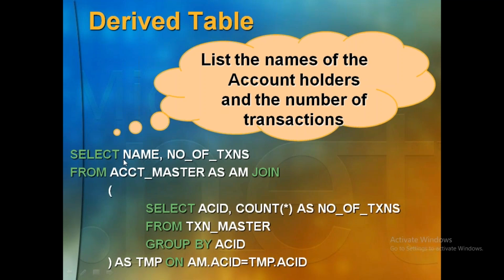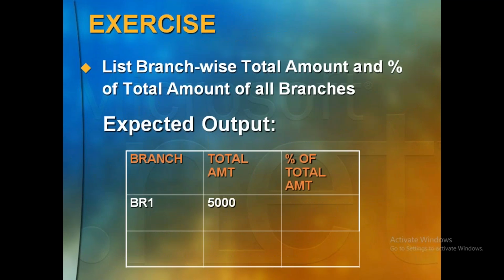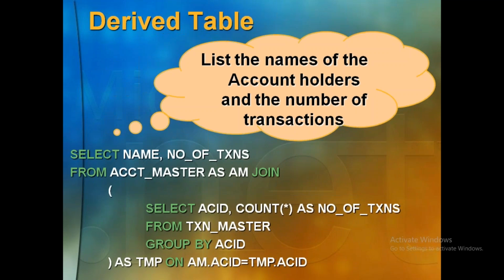From the first table, I'm getting the name. From the second table, I'm getting only the number of transactions. In the account master table, you have account ID. So in this also, I need to have one common column that I'm going to keep here, and I'm able to write this. Clear, guys? Now, this is the derived table concept. Are there any questions?